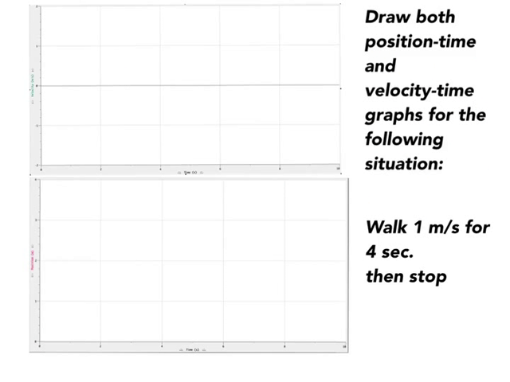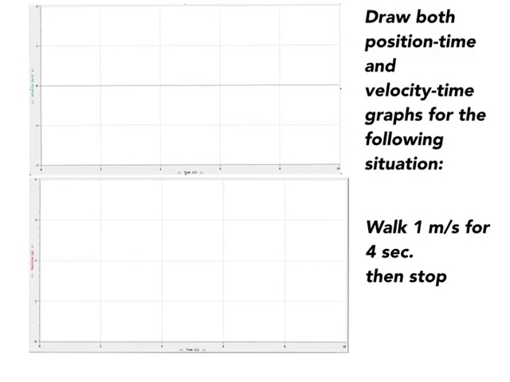What if we were given a problem like this? Draw both position time and velocity time graphs for this situation. Walk 1 meter per second for 4 seconds, and then stop. Well, let's take them one at a time. Let's do the velocity time graph first.